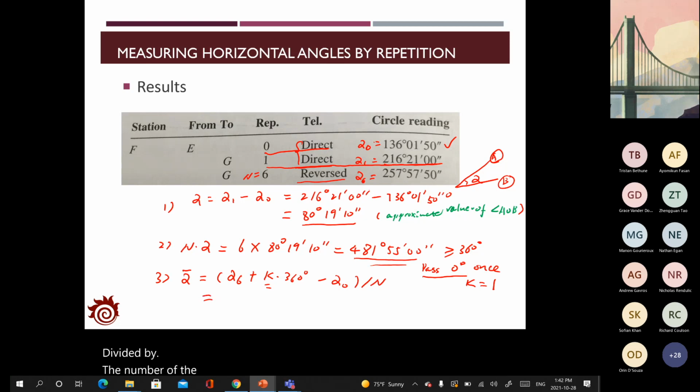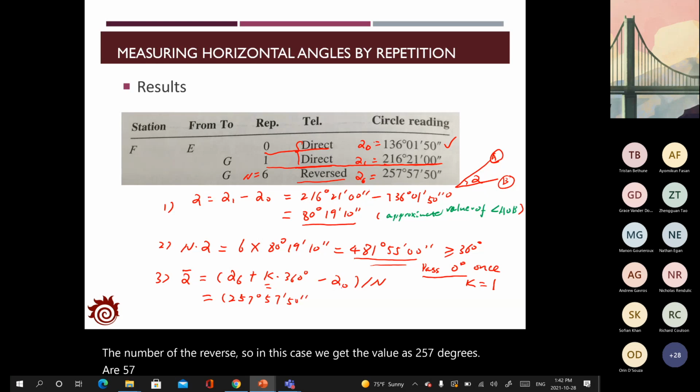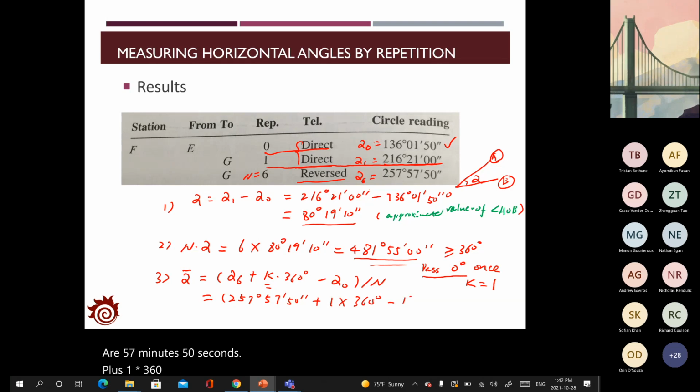So in this case, we get the value as 257 degrees, 57 minutes, 50 seconds, plus 1 times 360 degrees minus 160 36 degrees, 1 minute 50 seconds, divided by 6.